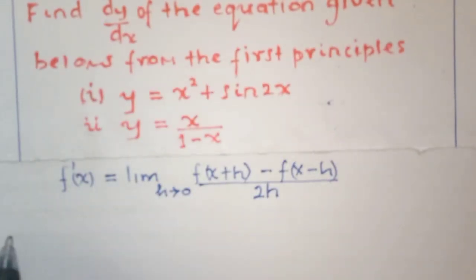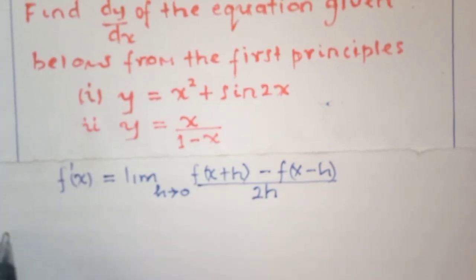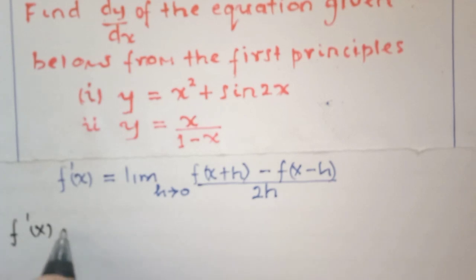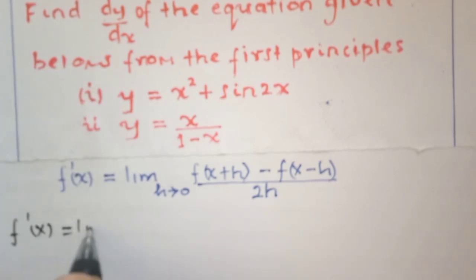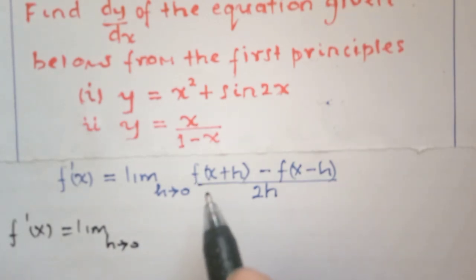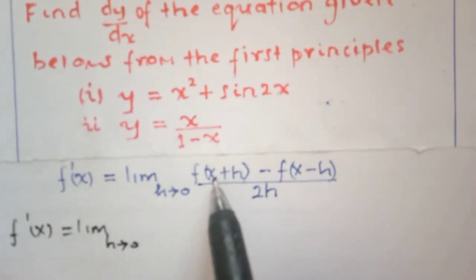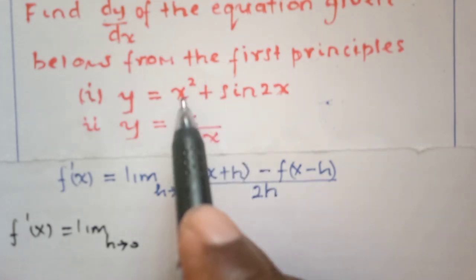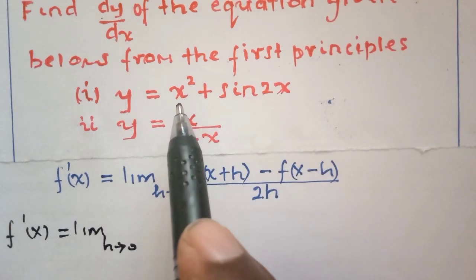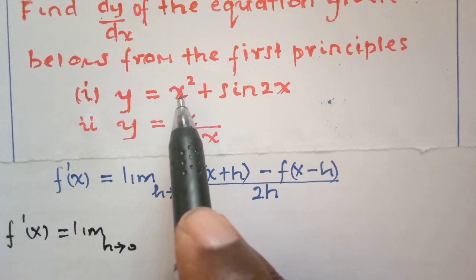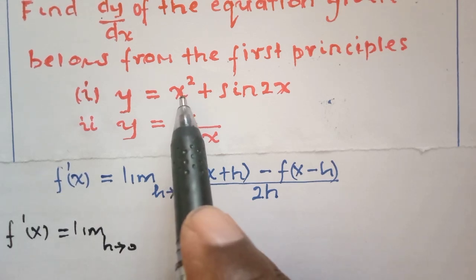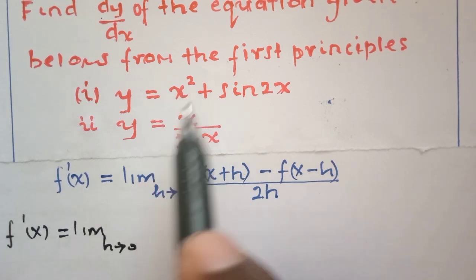So I will start off from this corner, whereby I will write f prime x will give us now limit as h tends to 0. We now come and put x here with h. So guys, we are not saying x squared plus h. We are supposed to say x plus h and then we square.